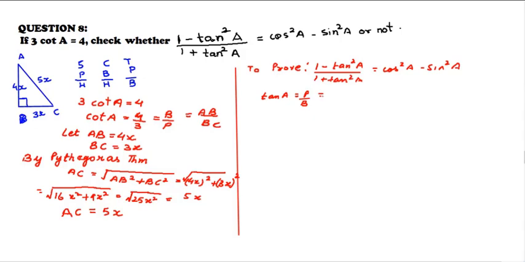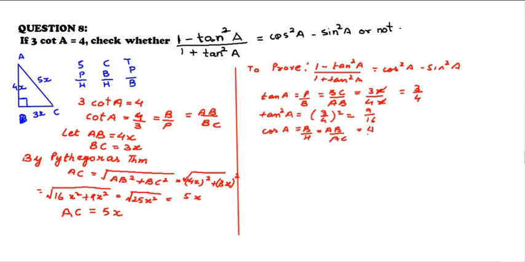And in our triangle, the perpendicular is BC and base is AB. So BC is equal to 3x, AB is equal to 4x. So value is 3x upon 4x. x and x get cancelled out, what remains is 3 by 4. So value of tangent A is 3 by 4. So tangent square A is (3 by 4) whole square, that is equal to 9 by 16.